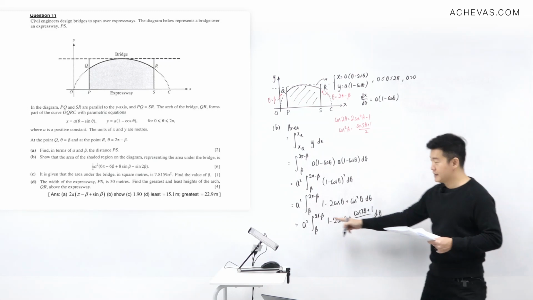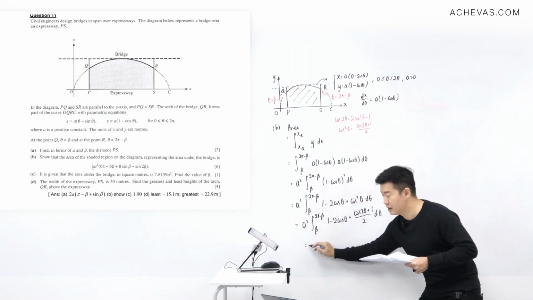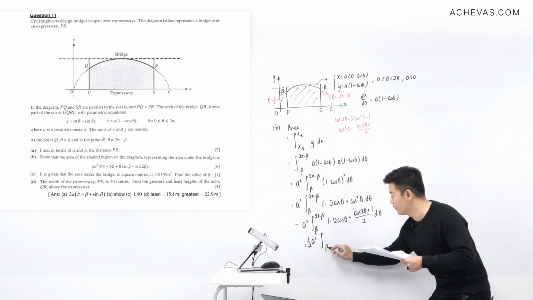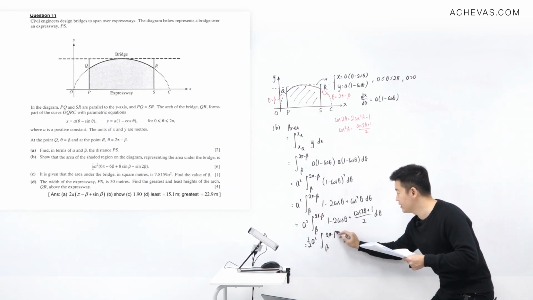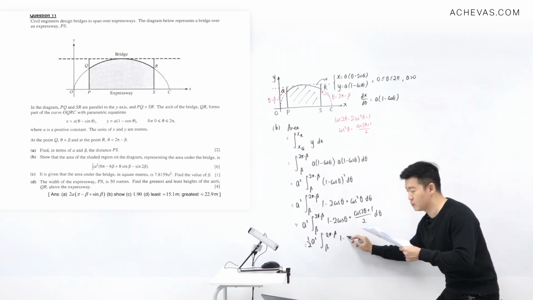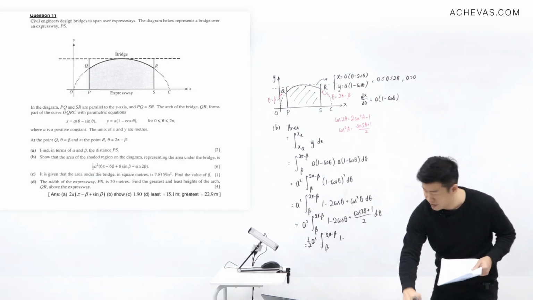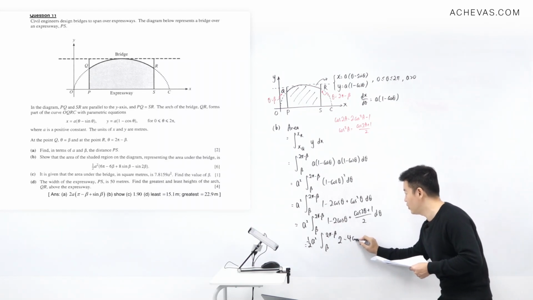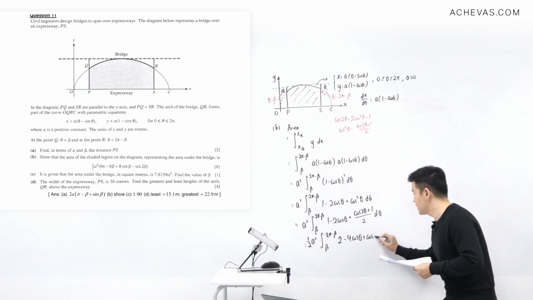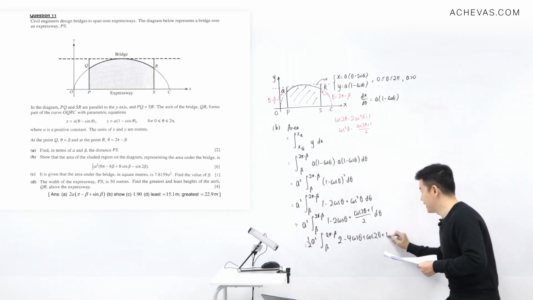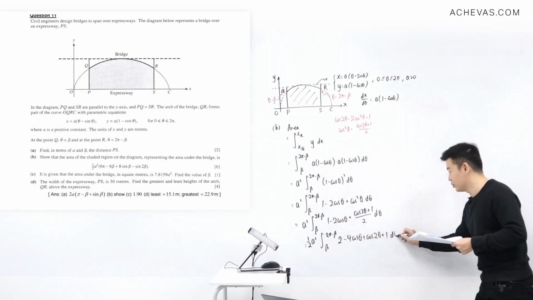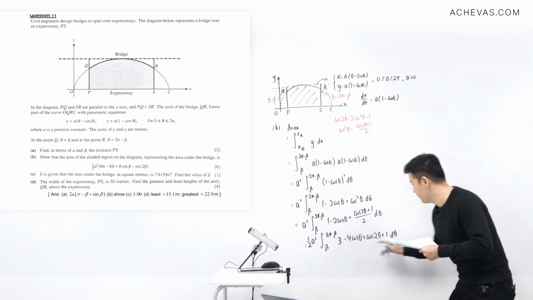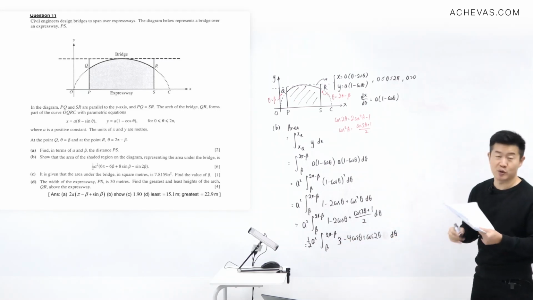I am going to factorize out half, which will then give me half a squared, integration from beta to 2 pi minus beta of 1 minus, sorry, if I were to factorize out half, then this 1 here will become 2. So we have a 2 minus 4 cosine theta plus cosine 2 theta plus 1. 1 and 2 will be combined to become 3. So I'm going to just write it as 3 here, okay? So this will become a 3, then this will disappear. So this is what I'm supposed to be integrating.